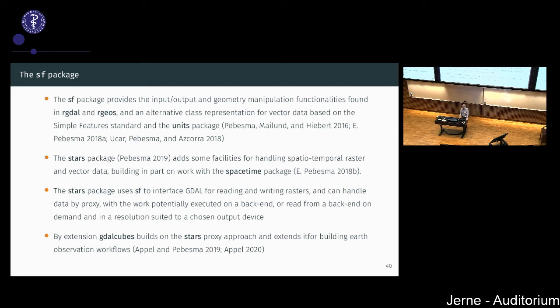And we said, okay, we need to re-implement sp. We call it sf, simple features. And the stars package then handles spatiotemporal arrays. These are much newer representations, ones which weren't available when we were doing the work on sp 16, 17 years ago.